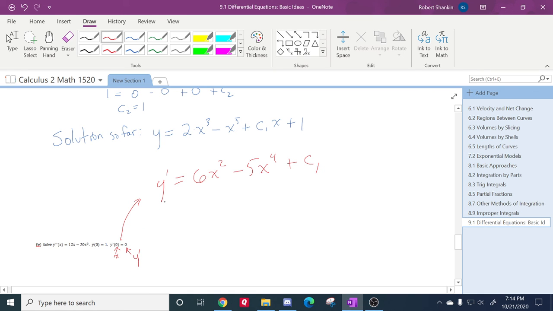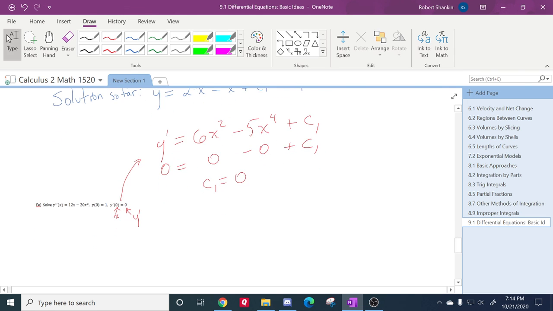So we plug those in. 0, and then all the x's become 0. So this tells us that C1 is equal to 0.